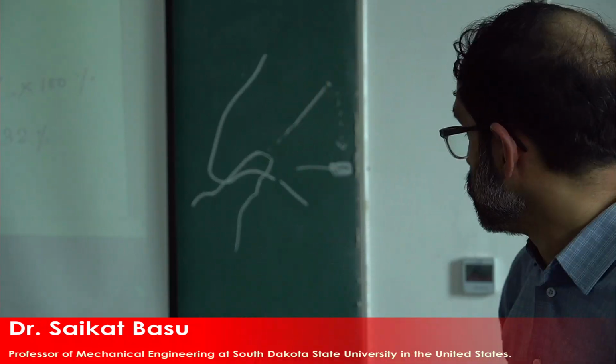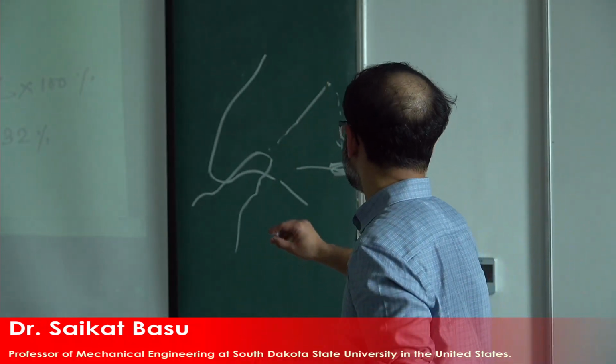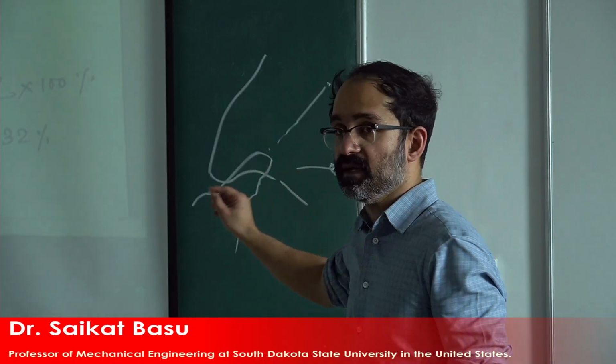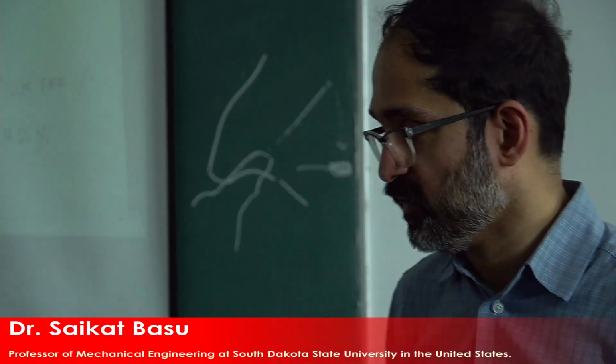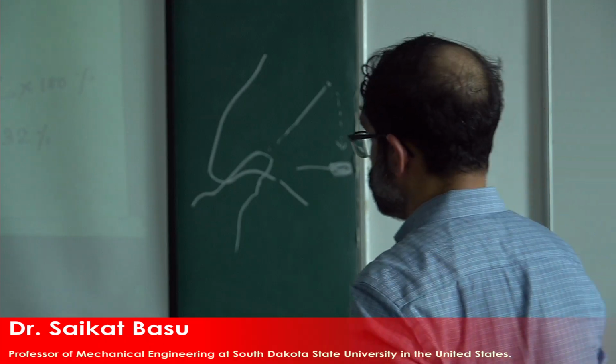But if it is not the target site, and you want the particle to reach further back in, then this settling is not useful. So whether the settling mechanics is useful for drug delivery depends on what your target sites are. And as we are going to see in a couple of days, the target tissue sites are preferred for different clinical conditions.